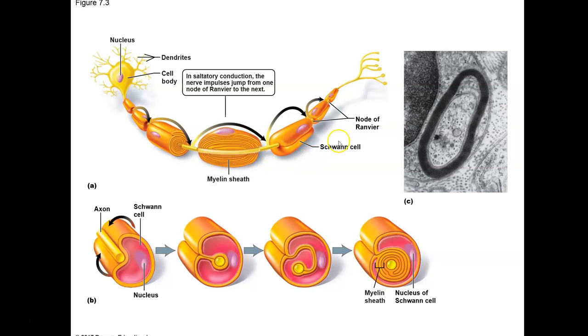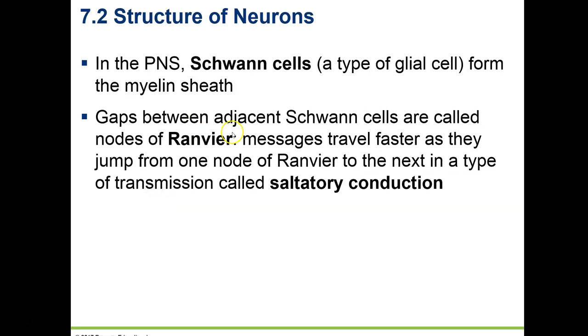Here is another Schwann cell. Now you see, these are the gaps which are not covered by myelin sheath. These gaps are known as node of Ranvier. So, gaps between the Schwann cells are called nodes of Ranvier.